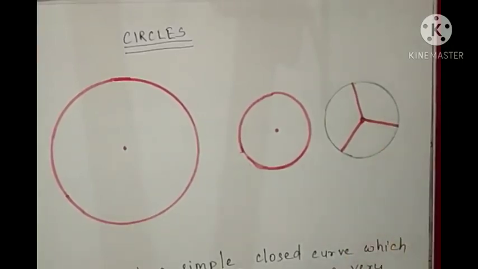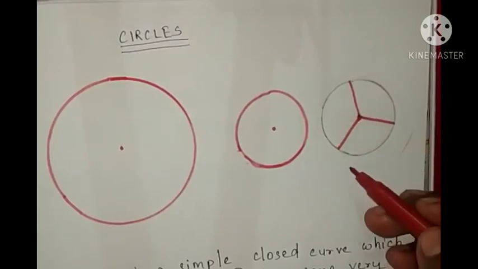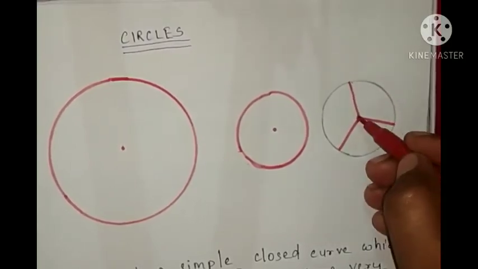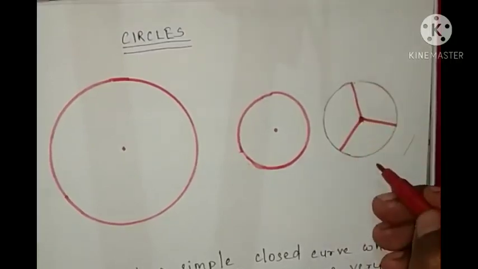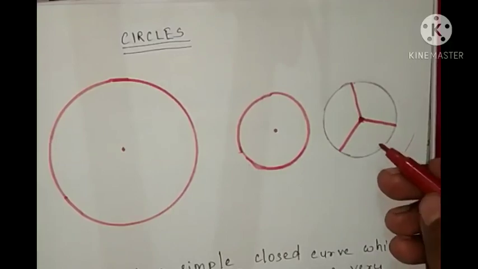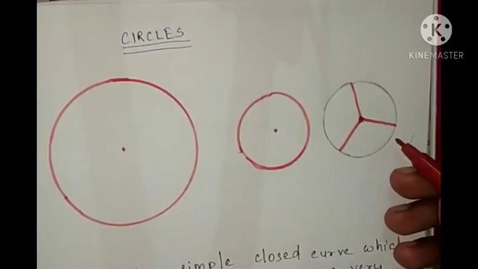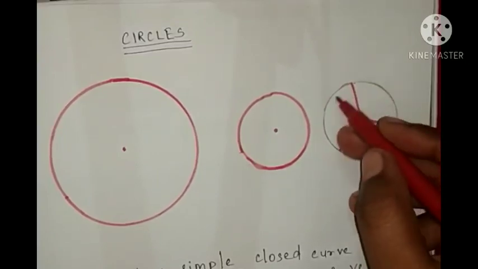So a circle is the path of a point moving at the same distance from a fixed point. If you move a point, taking the same distance from the fixed point, a path will be formed.